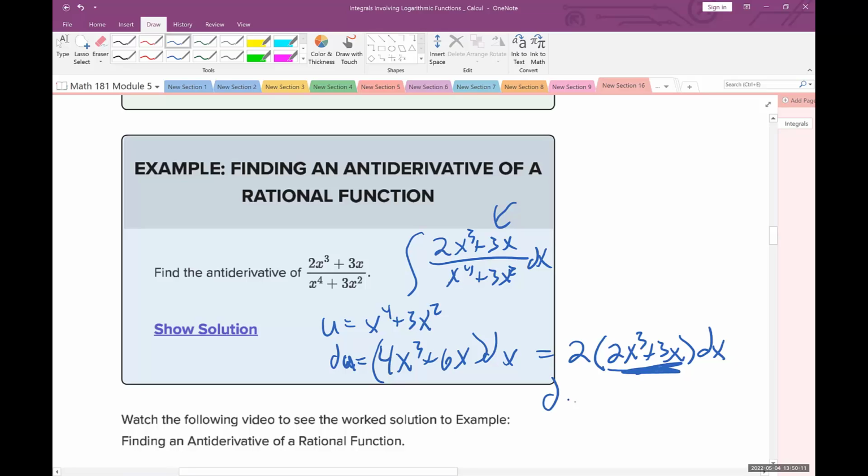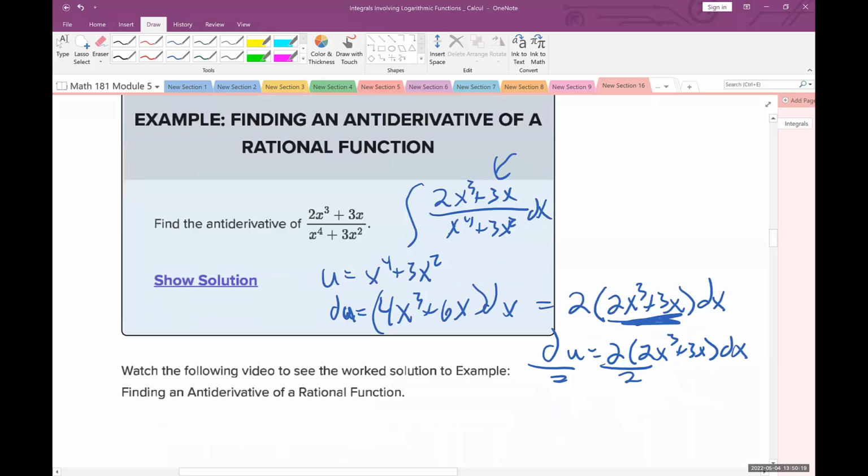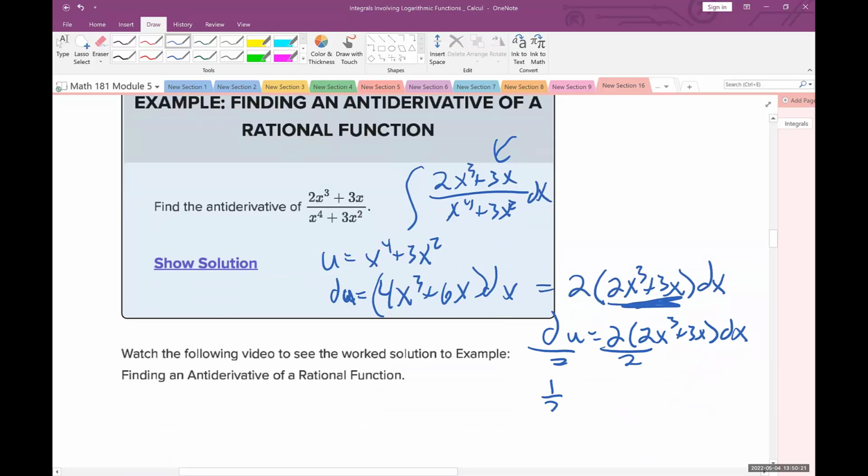I can say du equals 2 times this amount, and dividing by 2, I'd have 1/2 du equals that (2x cubed plus 3x) dx.